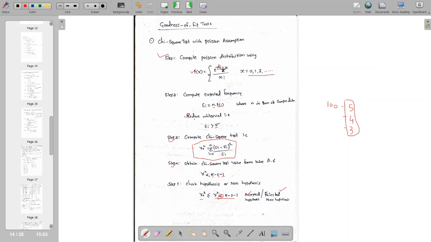In some questions the critical value or mean value will be given; in some questions the critical value will not be given, then you need to find the critical value.